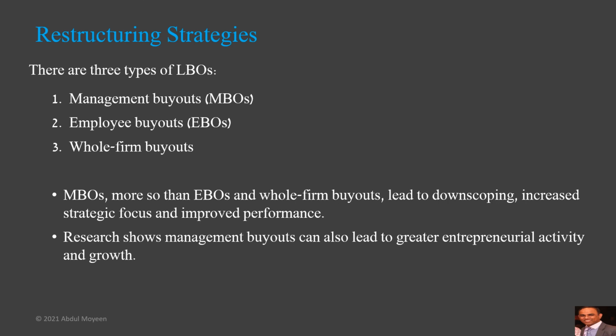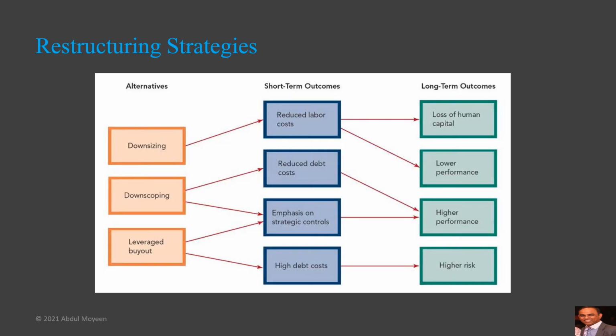Now, management buyouts, more so than employee buyouts and whole firm buyouts, lead to downscoping, increased strategic focus, and improved performance. And research shows that management buyouts can also lead to greater entrepreneurial activity and growth. So out of these three, management buyout probably is a better buyout strategy.